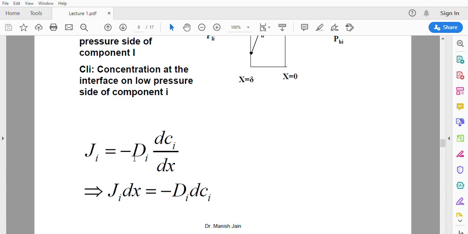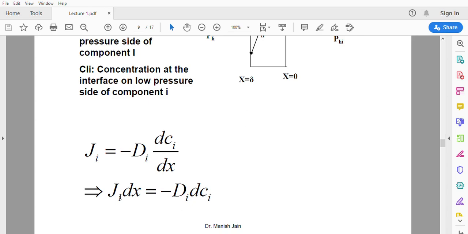Ji equal to minus Di dCi by dx, where Ji is the flux in moles per meter square second, Di is the diffusivity coefficient in meter square per second, C is the concentration of component I in moles per meter cube, and x is the distance or thickness of the membrane.